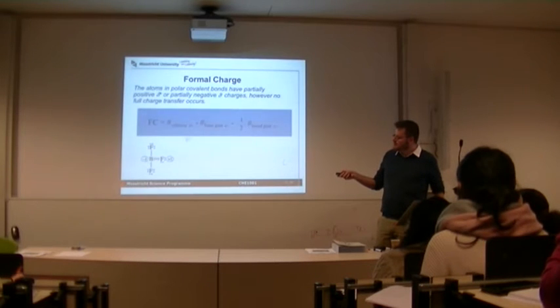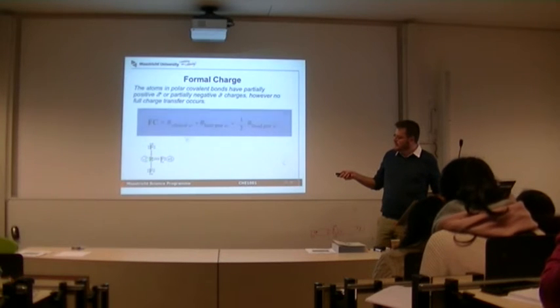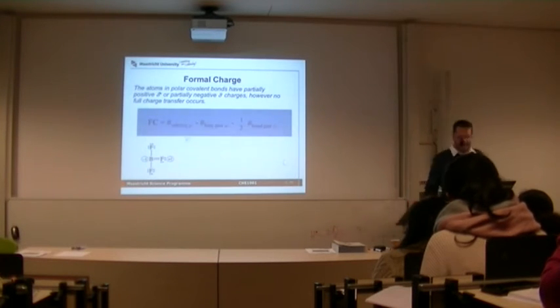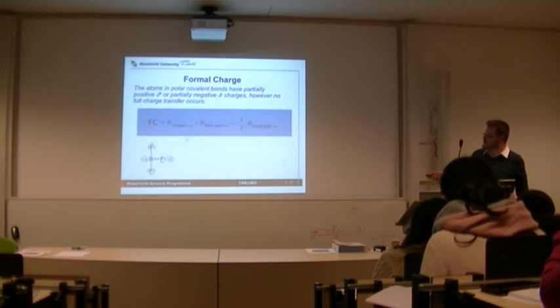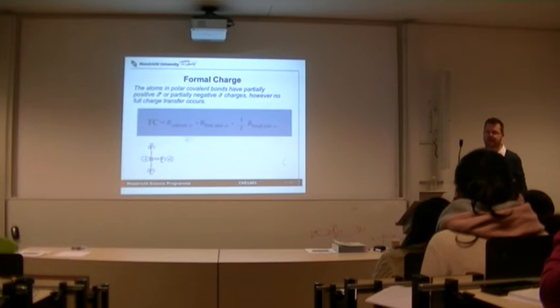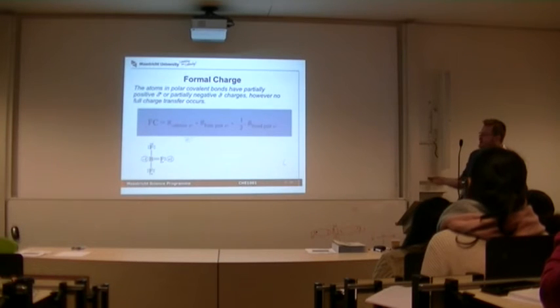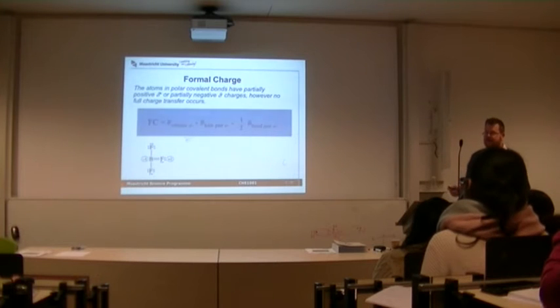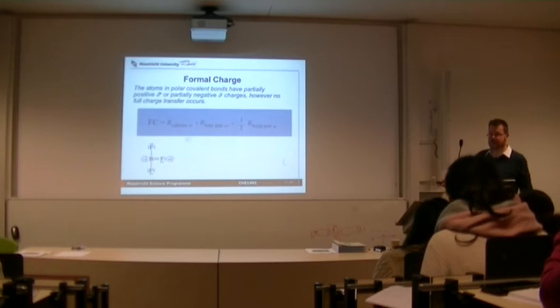But let's look at this boron atom over here. I've already written the result there, -1. Boron is in group 3, which means it has 3 valence electrons. How many lone pairs does this boron atom have? None. How many bonding pair electrons does it have in total? 2, 4, 6, 8, because it's a double bond.